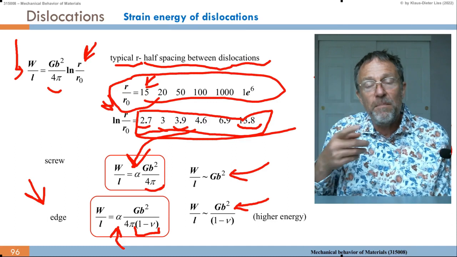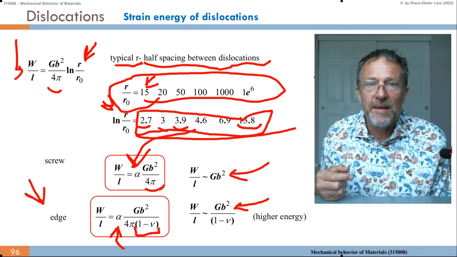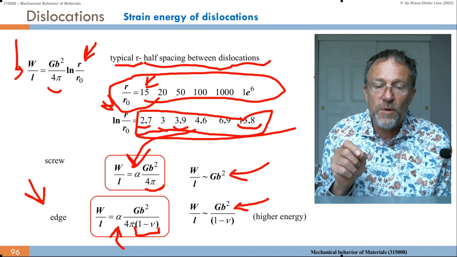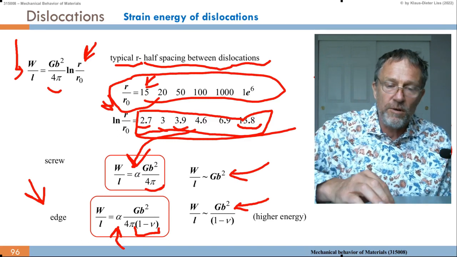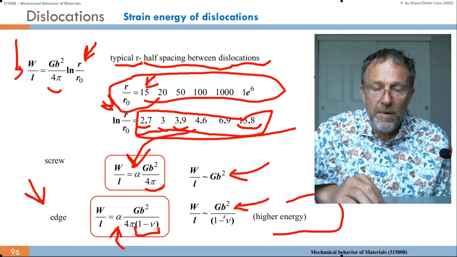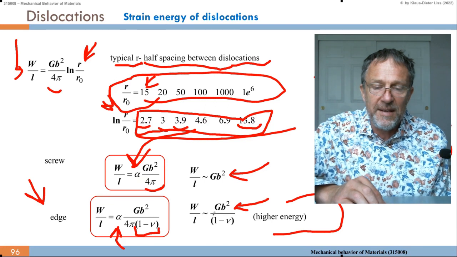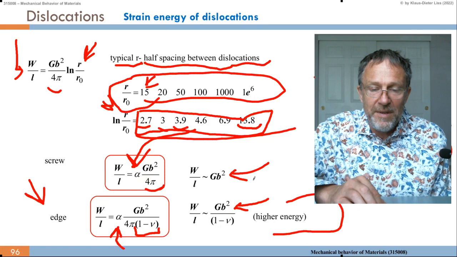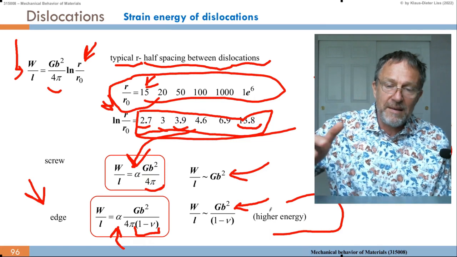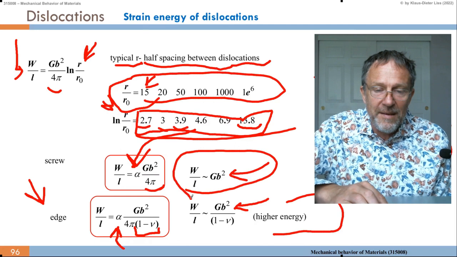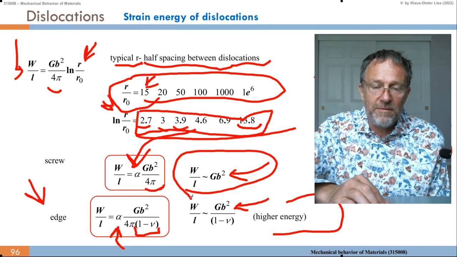You can have any Burgers vector in the crystal lattice, but the energy it costs goes with the square. And also the edge dislocations have a slightly higher energy by 1 minus nu, because we know nu is something like 30%, 0.3, so this is 0.6, 0.7. So we divide by 0.7, we get something like 1.5 times the dislocation energy of a screw dislocation.